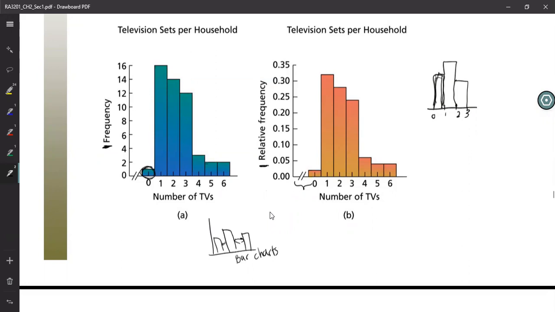The length that you see in between here and here is not the gap as you see between 0 and 1. There's no information about this gap. It's just a gap to make your graph nice. So that is why we use it.